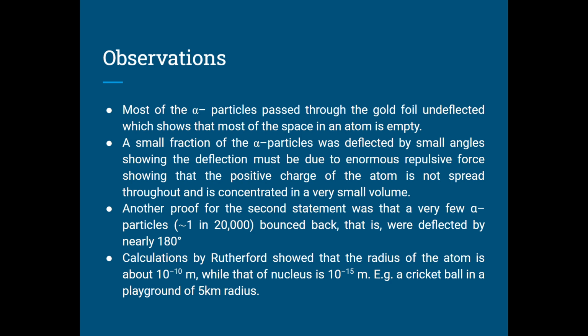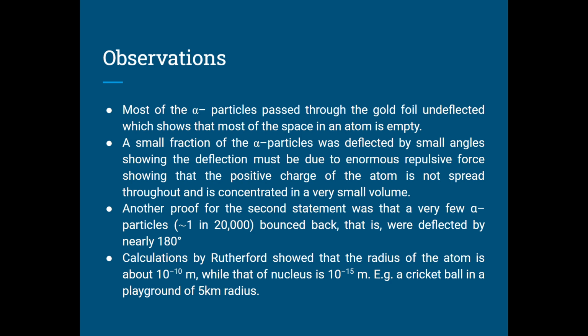If alpha particles are positively charged and they are deflected, it means they are deflected by some positive charge. As we know, the nucleus of the atom contains protons and neutrons. We will discuss this again in the future slides, but still remember that a nucleus contains neutrons and protons, which are positively charged.